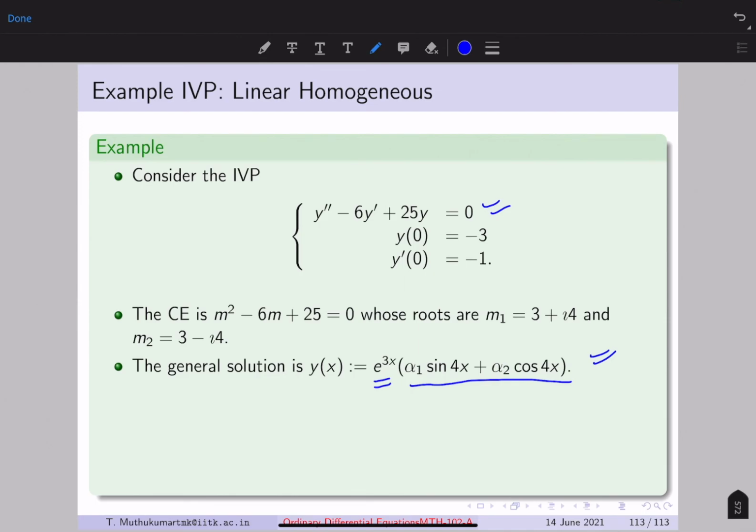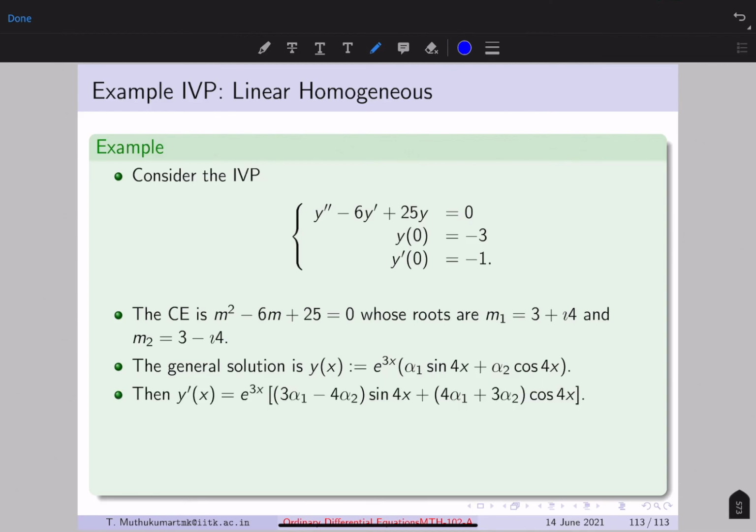Now you use this information that y(0) is minus 3 and y prime (0) is minus 1, which is an initial value problem. Using that, you can compute these constants alpha 1 and alpha 2. Because we need to use this as well, we need to compute y prime. Use x equal to 0 here and the fact that y is minus 3.